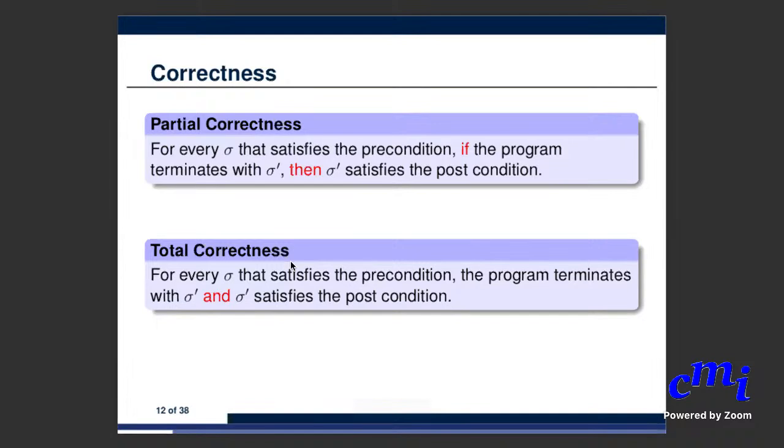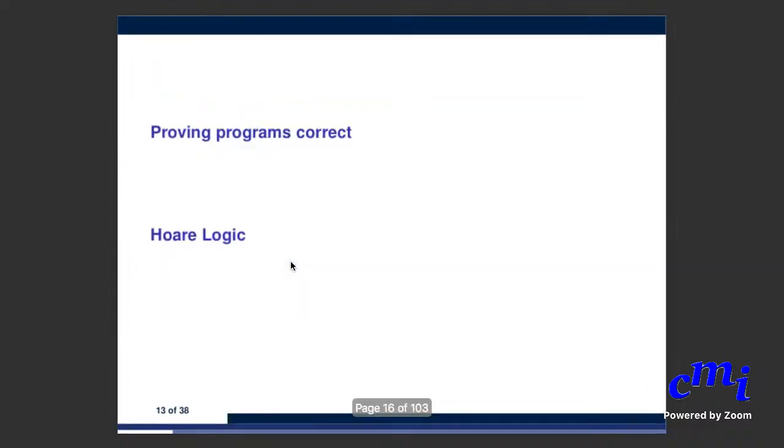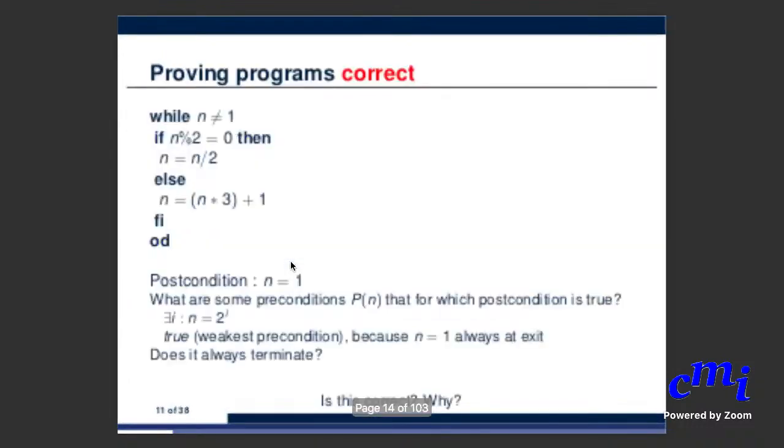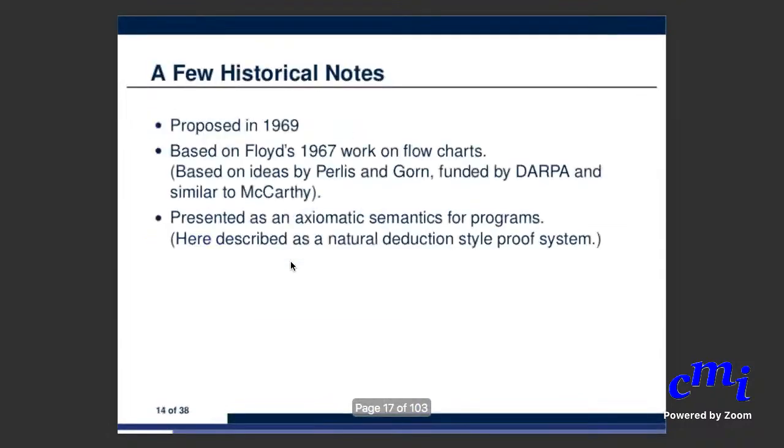There are rules for getting proofs of this partial correctness. Total correctness also ensures termination: for every sigma that satisfies the precondition, the program indeed terminates with a state sigma prime, and sigma prime satisfies the postcondition.